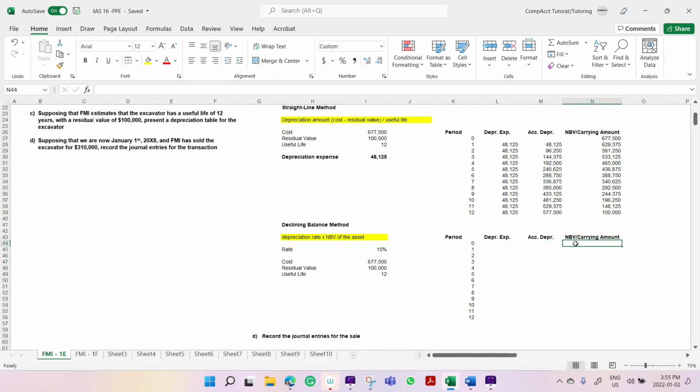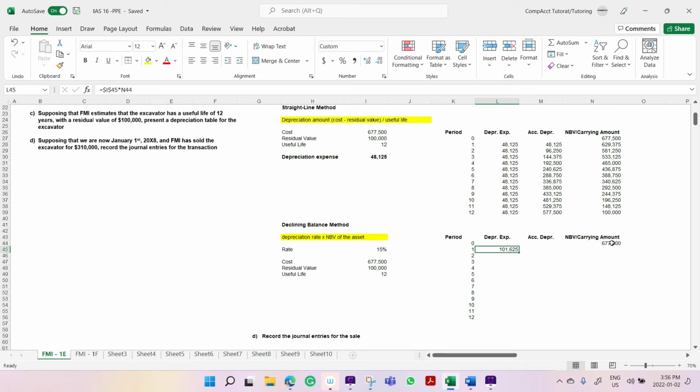What's the carrying amount? Obviously, no changes there. Actually, I'm just going to borrow it from above again, easily accessible. Okay, so my depreciation expense, according to my formula, is the depreciation rate. I'm going to lock that rate again, because that rate never changes, and it's multiplied by the net book value of the asset, which is what it is at the initial recognition there.